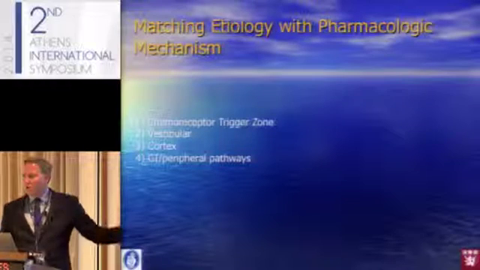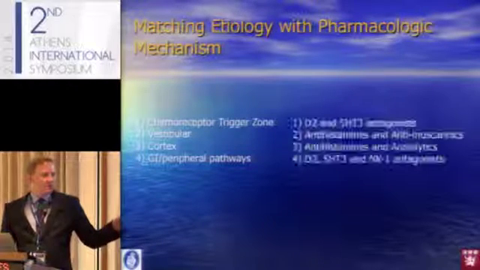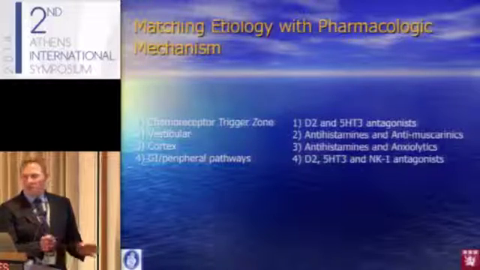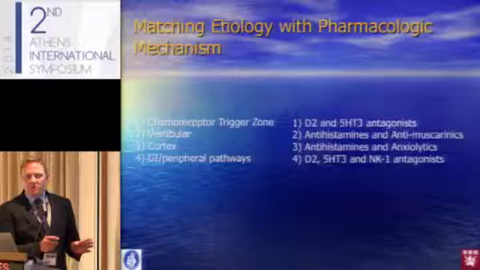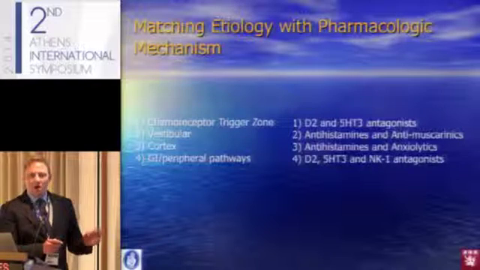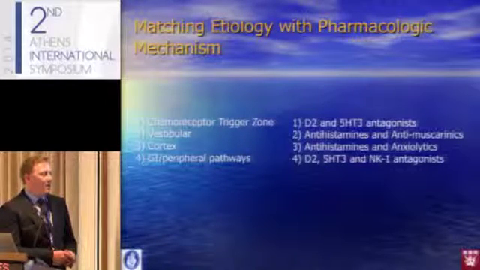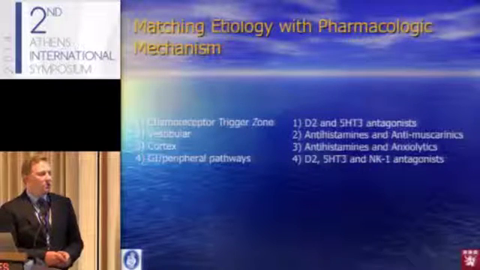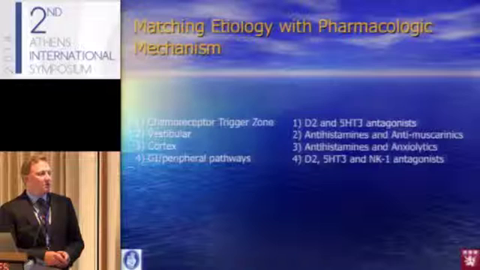So here it's important, and that's why I mentioned the 4 system. These all have the receptors that I mentioned, and you can adjust your pharmacotherapy to the receptors that are caused by the primary disease. So if you have the chemoreceptor trigger zone, you would target D2 and 5-hydroxytryptamine type 3.